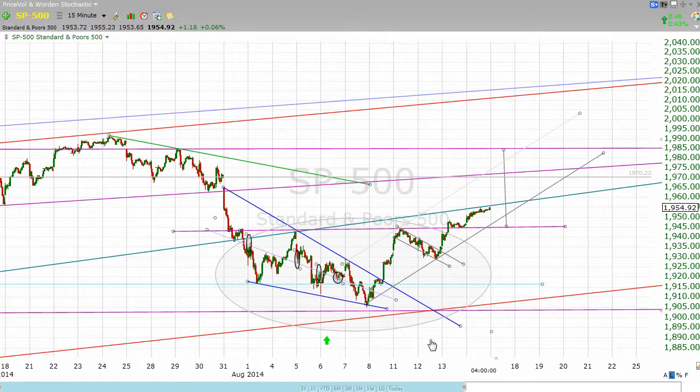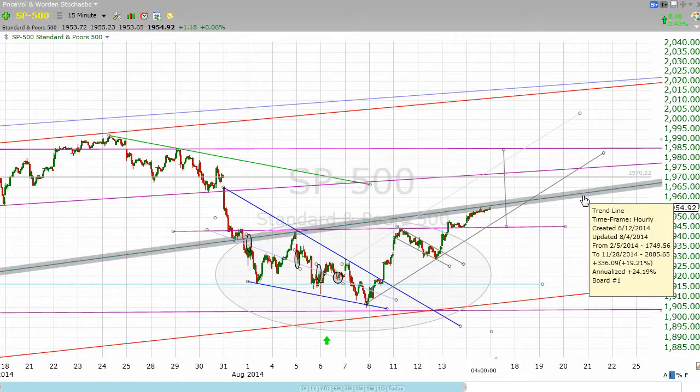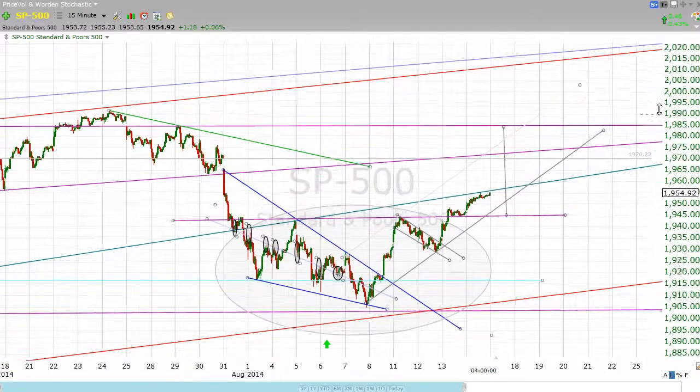Well, this is day 2 over the neckline of this inverted head and shoulders pattern. And you can see that this little line right here is putting up some fight. We touched it twice today and pretty much closed right on this line. So, guys, really it's very, very plain and simple.